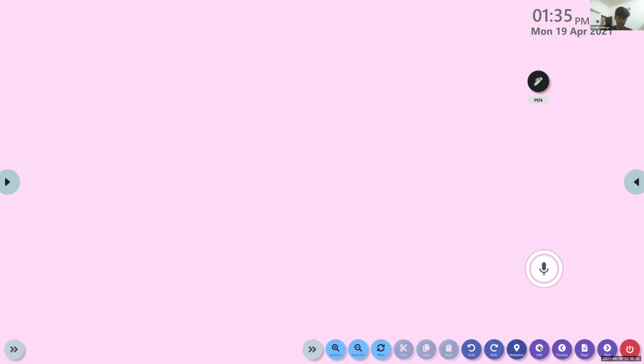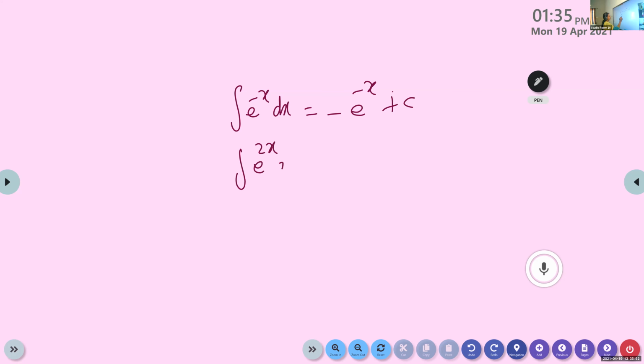E raised to minus x by minus 1. Integral of e raised to minus x is minus e raised to minus x plus c.